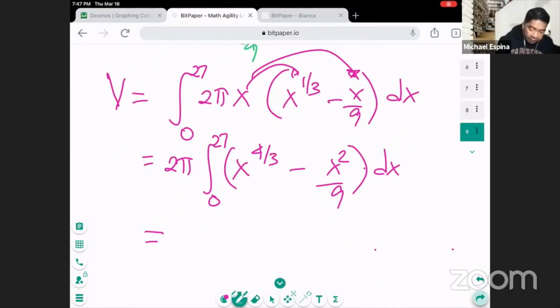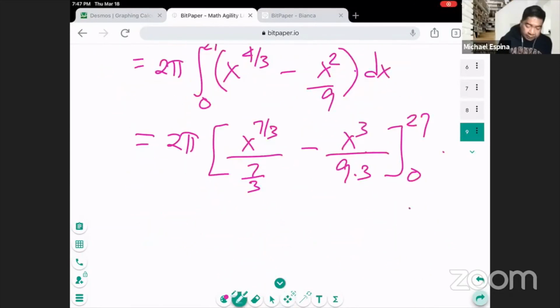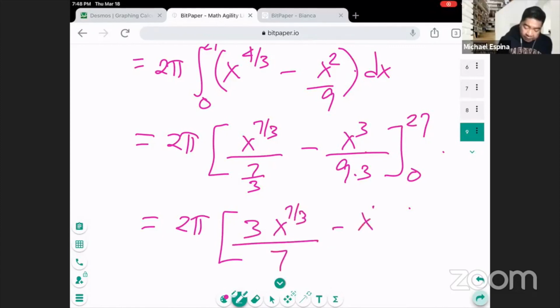Okay, so we're ready to integrate. So 2 pi times x to the 7/3 over 7/3 minus x cubed over 9 times 3, from 0 to 27. So 2 pi, 3x to the 7/3 over 7 minus x to the 3rd over 27.